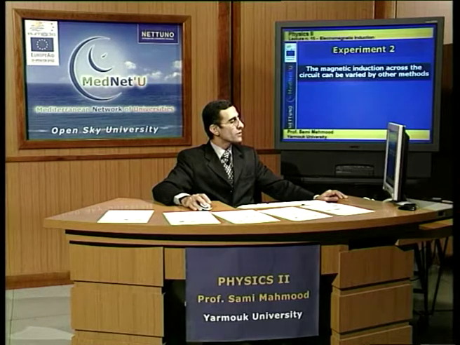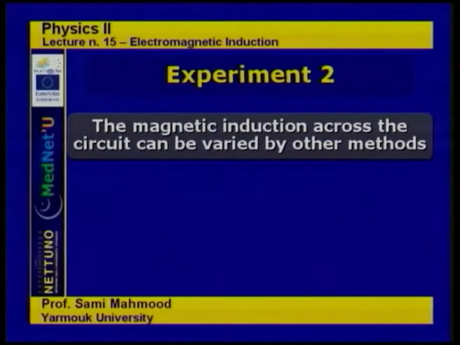And so the magnetic induction across the circuit can be varied by varying the current in circuit C2, as we mentioned. But there are other ways of changing or varying the induction across the circuit that lead to exactly the same results.